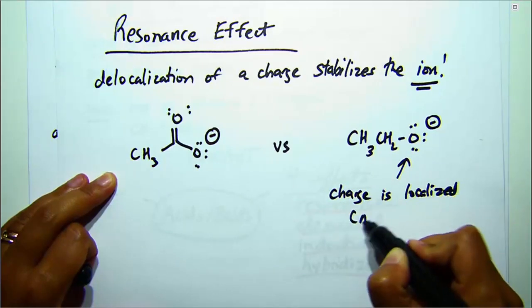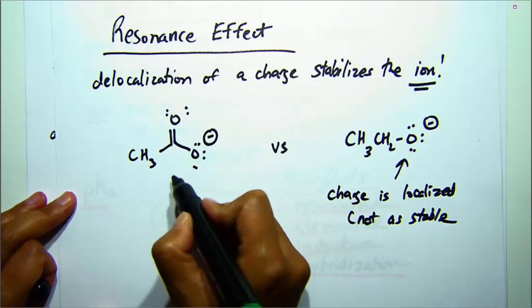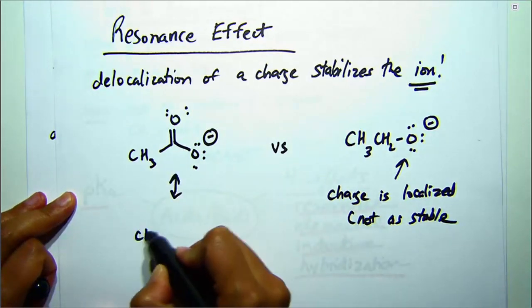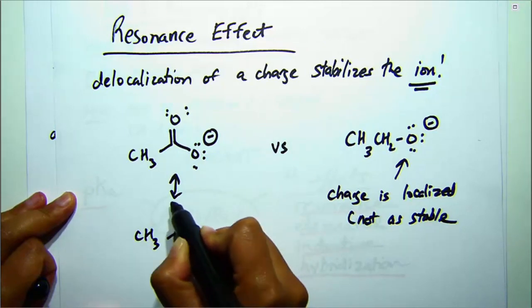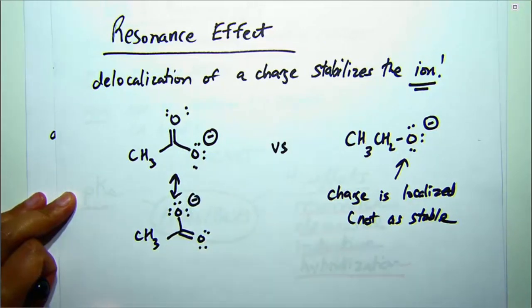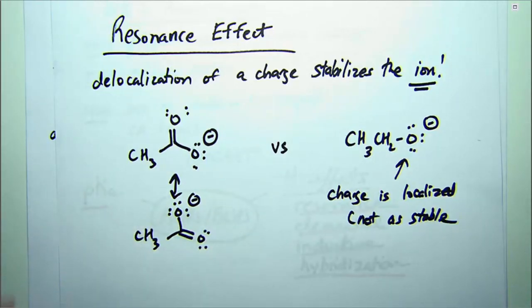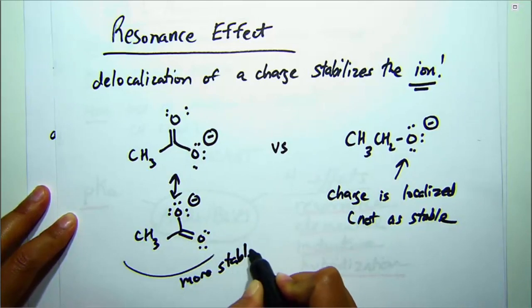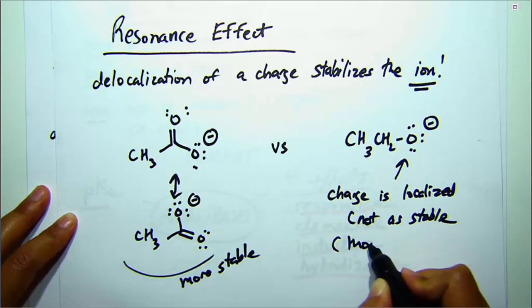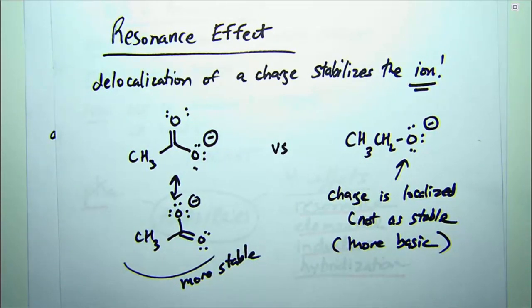So this is not as stable. Whereas in this one, the charge is going to be spread out between both oxygen atoms. And so it's a much more stable anion. Right, and so here you can predict that this is more stable. This one is more basic or reactive. So that's a reminder of the resonance effect.